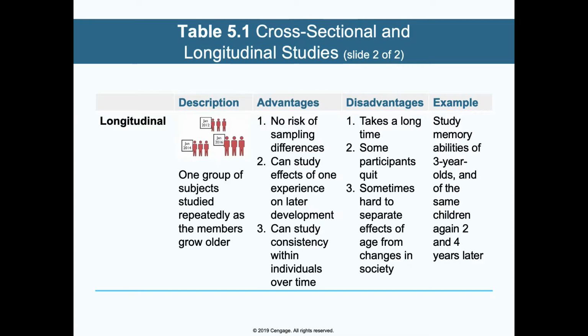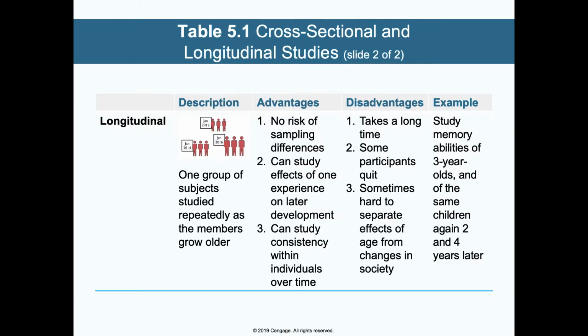No, I'm sorry, 6 years old. So it's really kind of no, 7 years old, right? January 2012 they were 3, in 2014 they were 5, and in 2016 they were 7. So again, same group, but just studying them over time, longitudinally is how we refer to it.